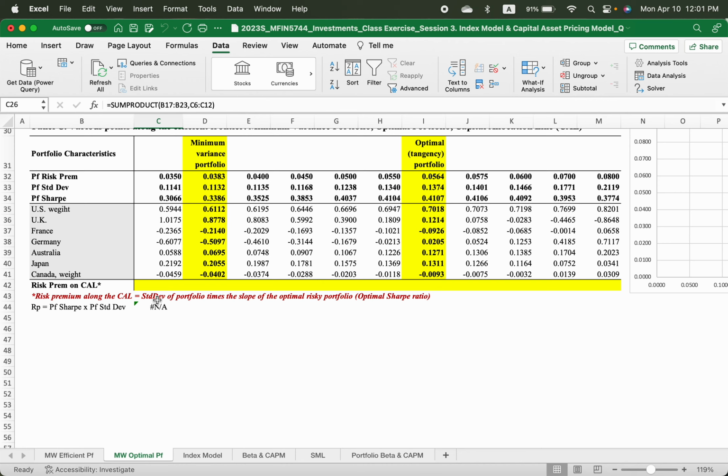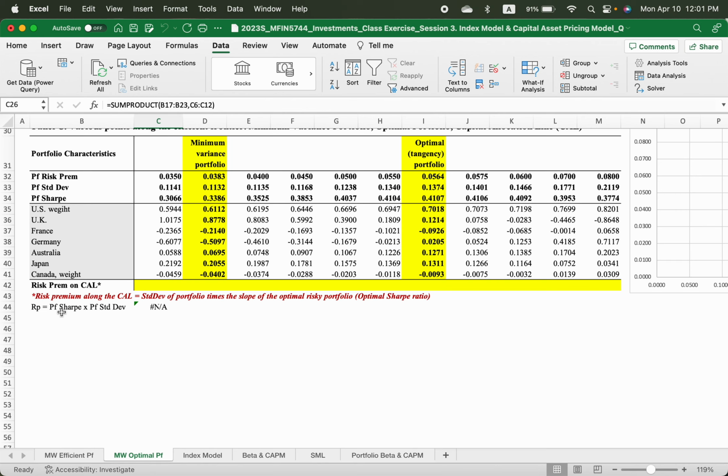Now how do we calculate it? Do you remember here, for the risky portfolio, the risk premium is equal to the Sharpe ratio times the portfolio standard deviation. The excess return, or risk premium, of the portfolio divided by the portfolio standard deviation is the Sharpe ratio.